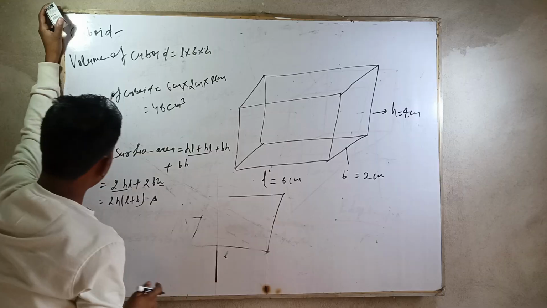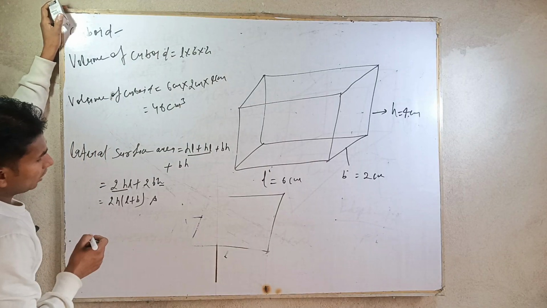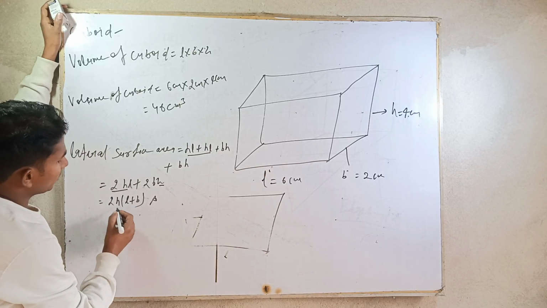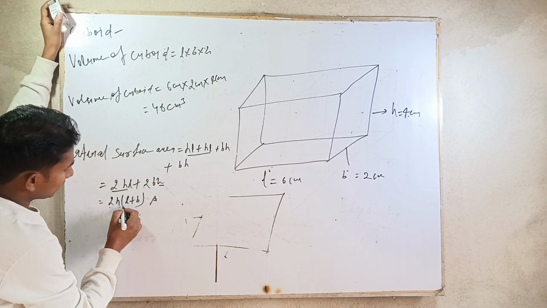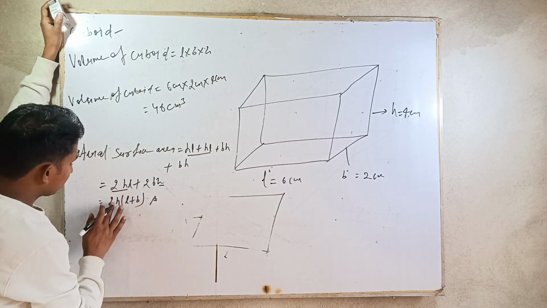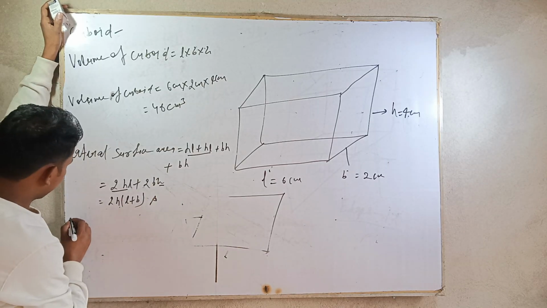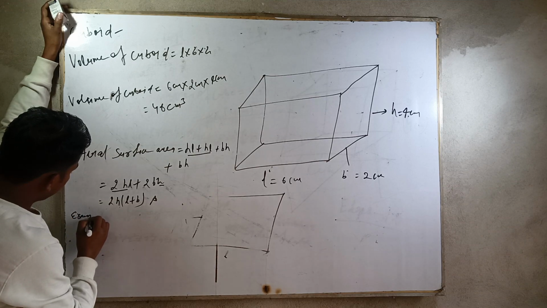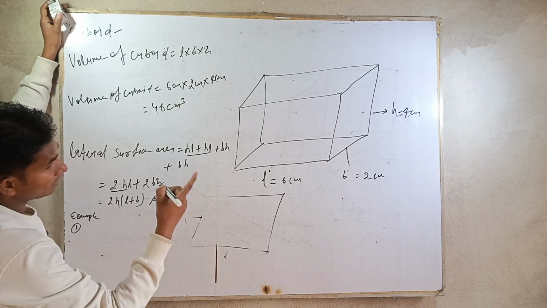Next, suppose I have this formula: lateral surface area of cuboid is 2 into h into l plus b. Suppose h is given.